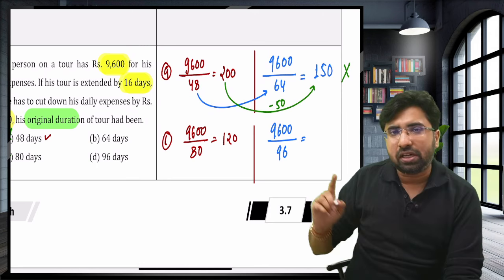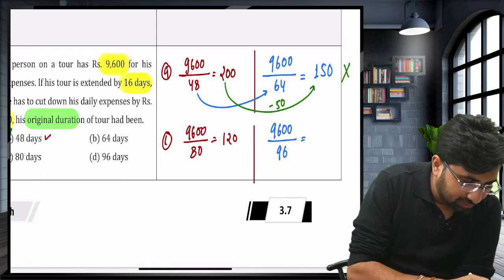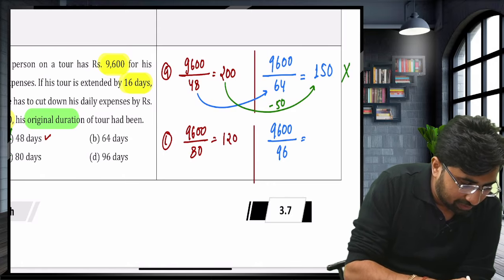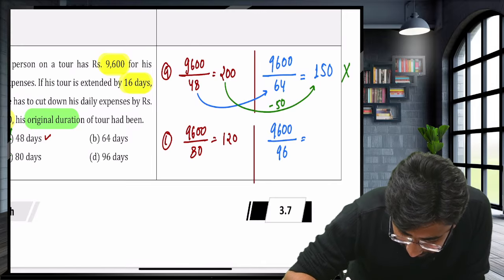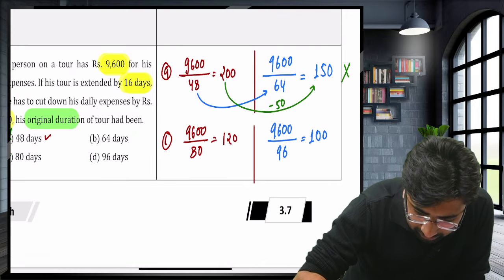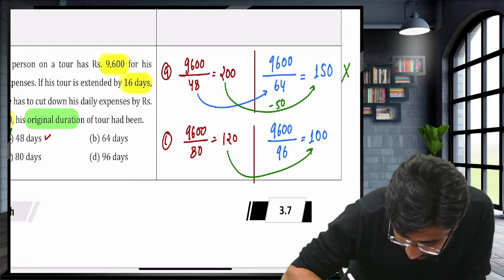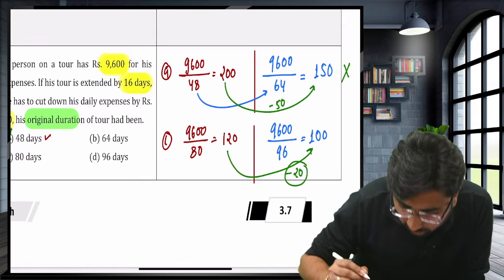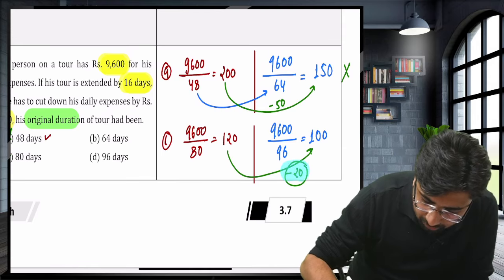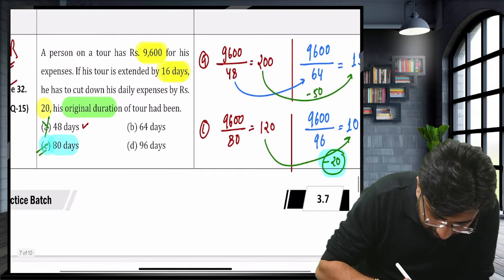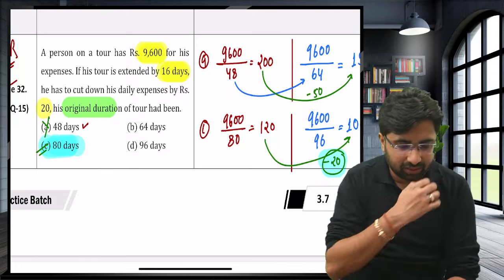It must be reduced by 20 rupees. Let's check. 9600 divided by 96, yes, we are getting 100. Can I say from option C, his per day cost is reduced by 20? So guys, option C is the correct answer.